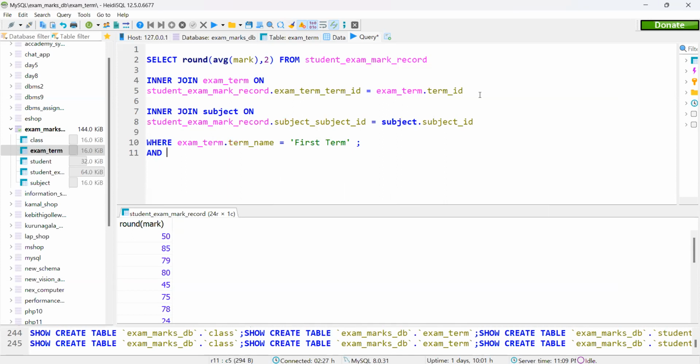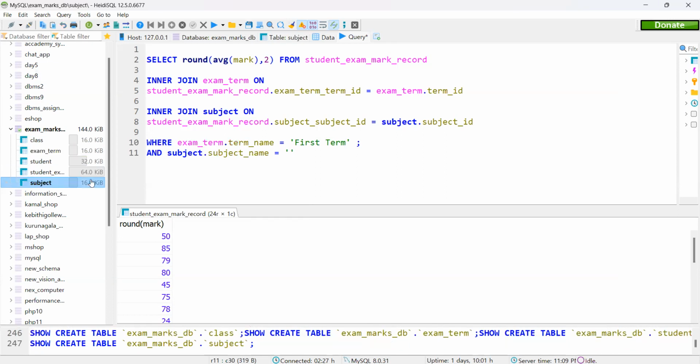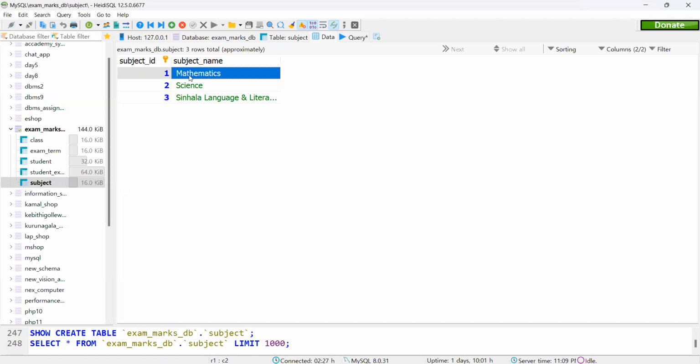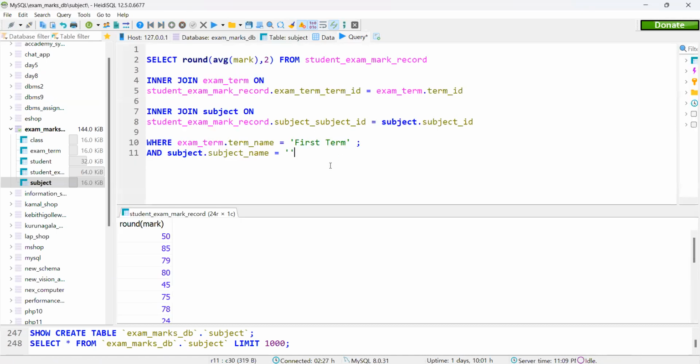And subject name equal subject as mathematics.